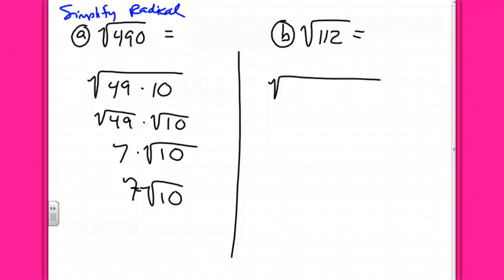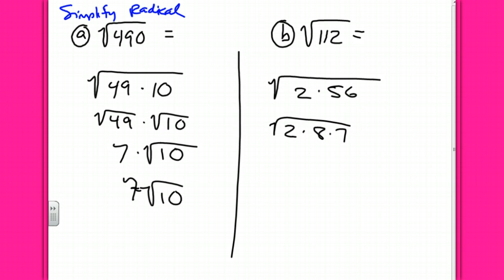Why don't you just start with 2? 2 times what goes into 112? 2 times 56. Now, are either of these perfect square numbers? No? So let's keep factoring. We have 2 times, instead of writing 56, what goes into 56? 8 and 7. 8, okay, we can write it as 8 times 7.